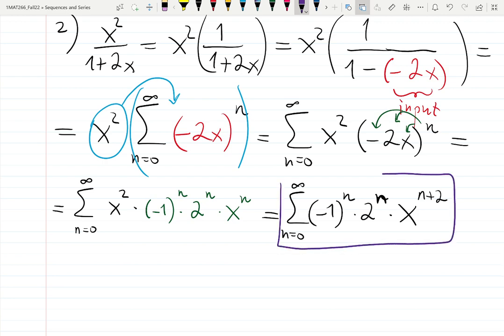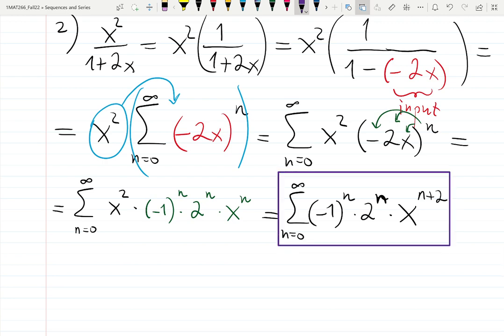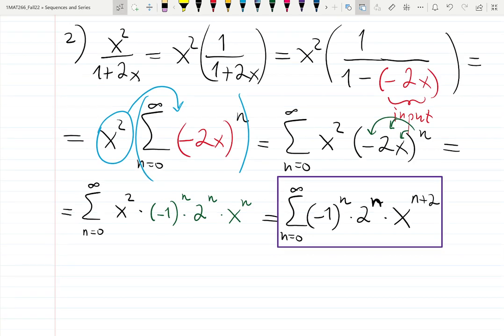We also find the convergence set. The moment my input changed to be minus 2x, the restriction was that minus 2x has to be less than 1 by absolute value. And we solved that last time. That gave us minus 1/2 to 1/2. So let me write down: this is possible only where the series converges.